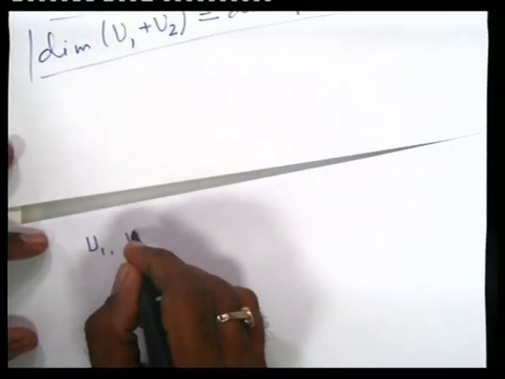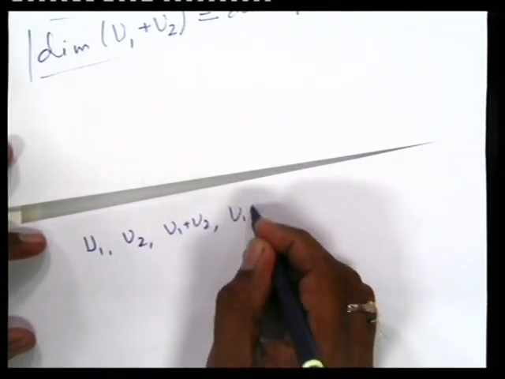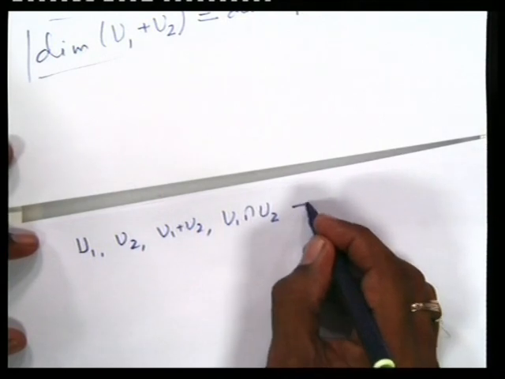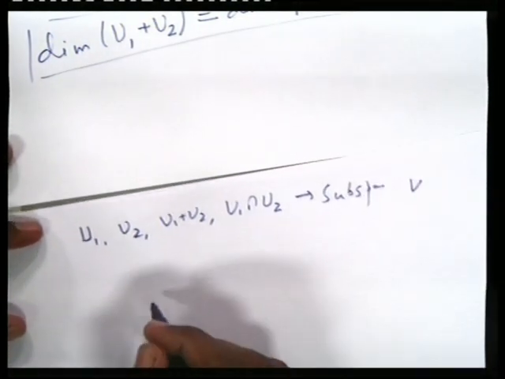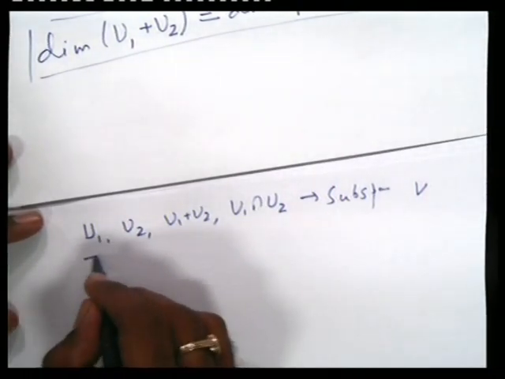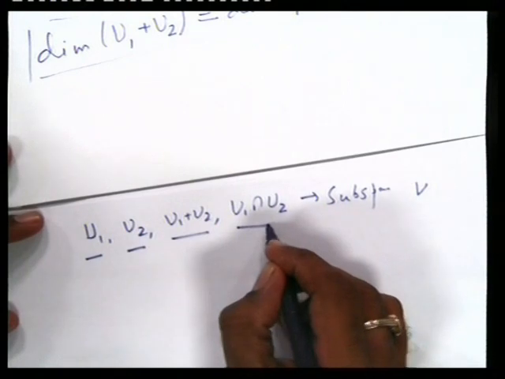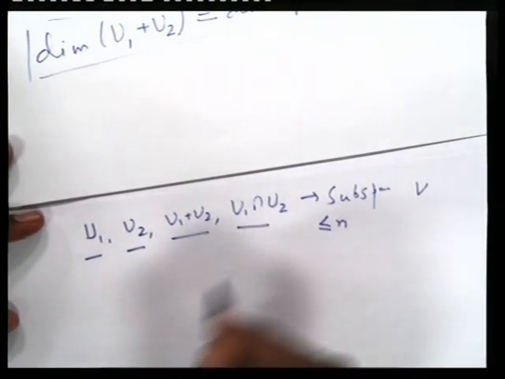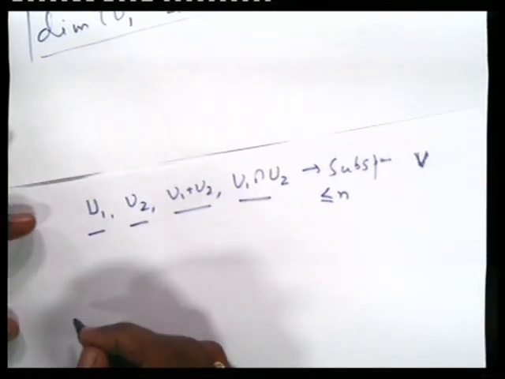Here we know that U1, U2, U1 plus U2, U1 intersection U2, all these are subspaces of V. And that's why the dimension of U1, the dimension of U2, and the dimension of these are all less than or equal to n, if we consider the dimension of V equal to n.